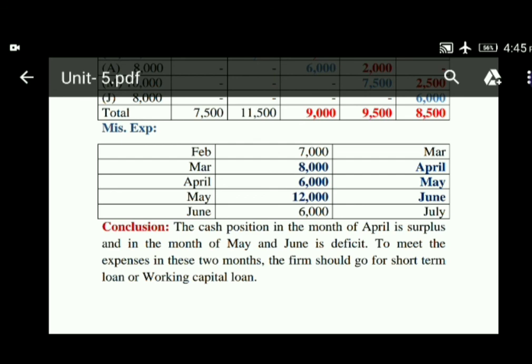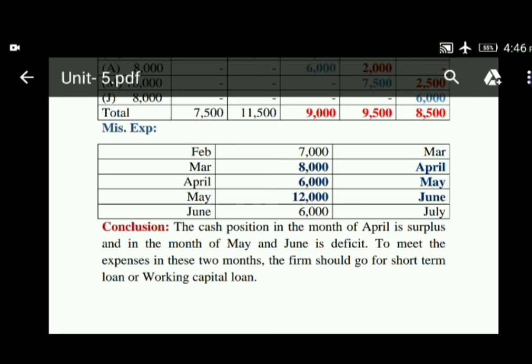If the cash balance is shortage or negative, or it shows a deficit balance for a particular month, then to overcome that particular problem, that is deficit of cash, the firm or the financial manager should make necessary arrangement. So that is why the important element here is the estimation of cash position for the future.